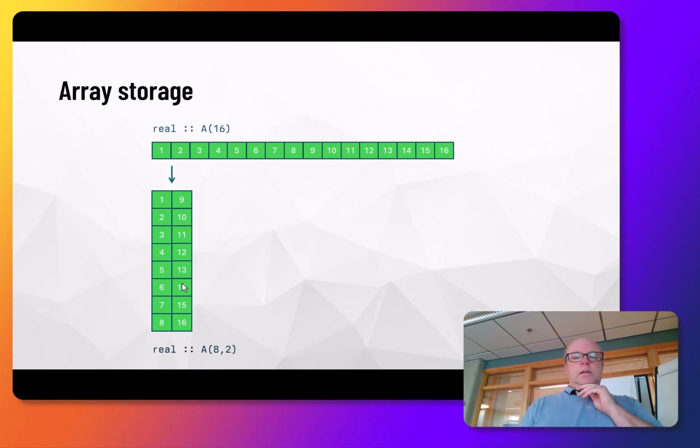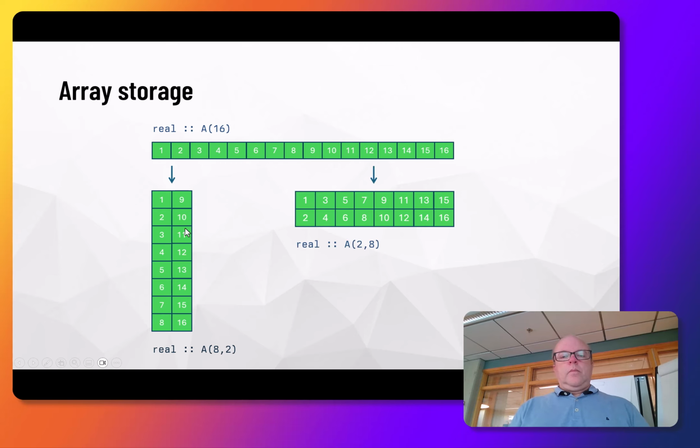But you can also see it as a real array with 2 columns. Then it's stored with first a column here, and then a second column here. And if you have 2 by 8, it's stored 1, 2, 3, 4, 5, 6, 7, 8, and so on in memory. And this is the difference between C and Fortran. We have different conventions with regards to storing arrays.